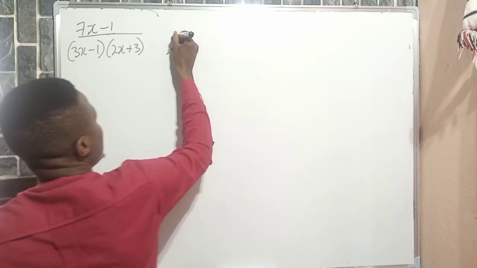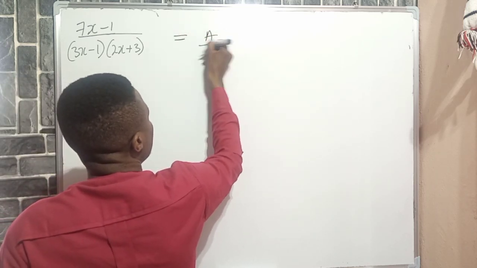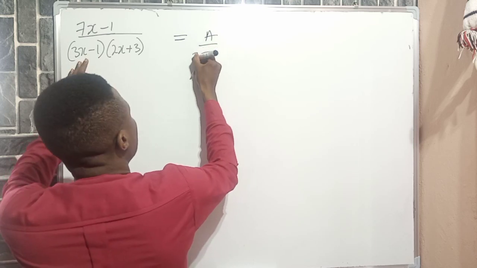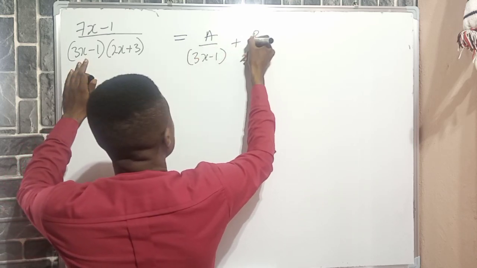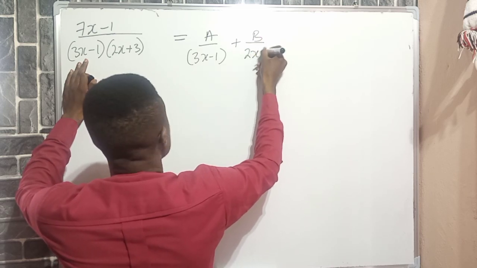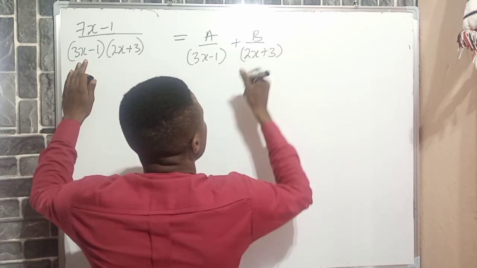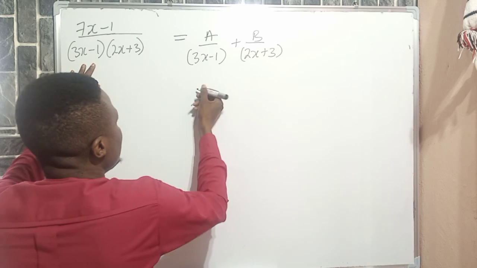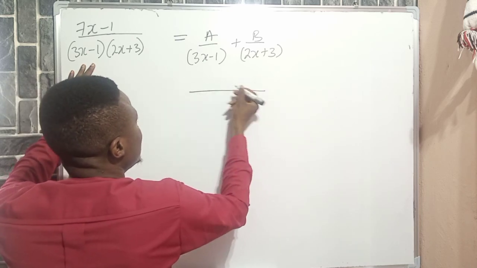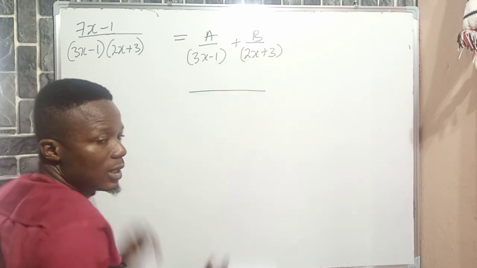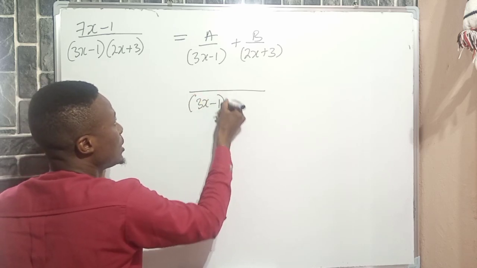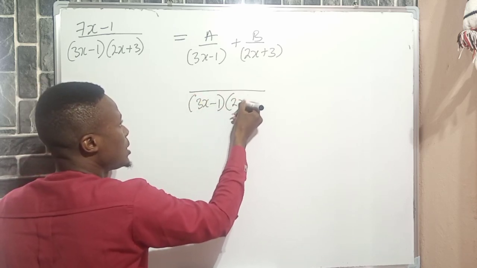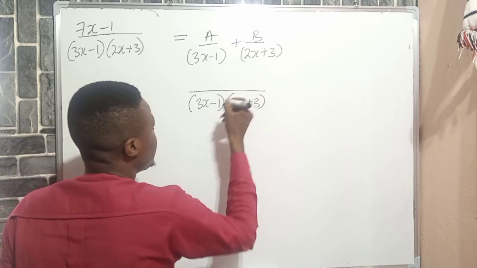Okay, I can let this be equal to A all over 3x minus 1 plus B all over 2x plus 3. Now trying to simplify this further, the common denominator will be the LCM, so you shall have 3x minus 1 into 2x plus 3.